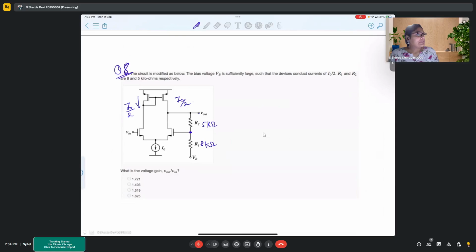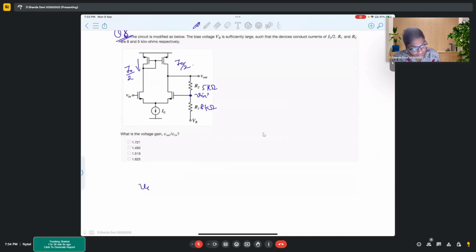Now, in this particular circuit, there are two transistors, and here let's say this is Vn, and here it would be Vn dash. So how would we find Vn dash?